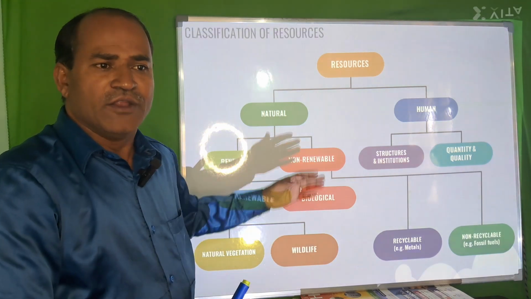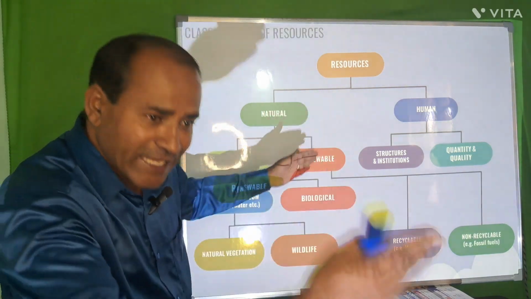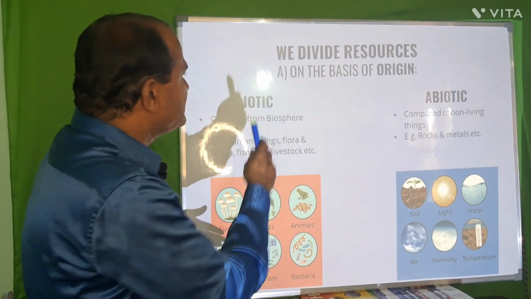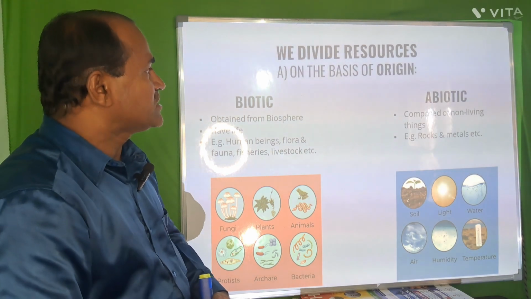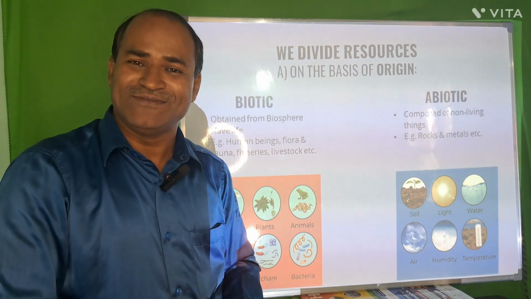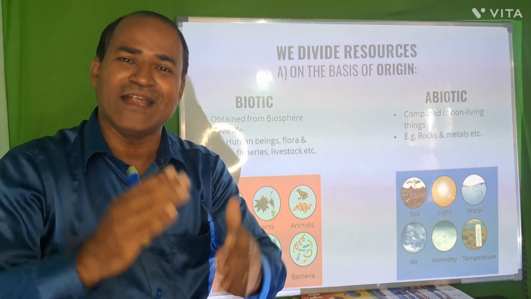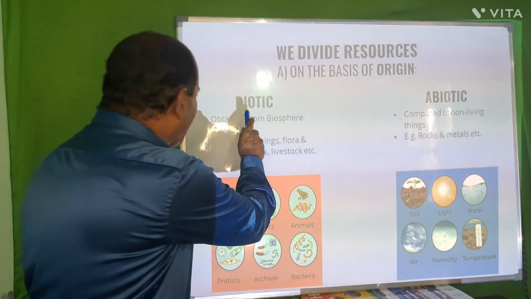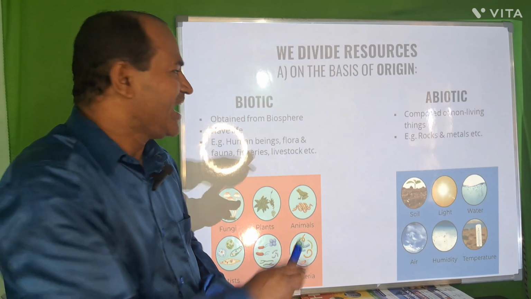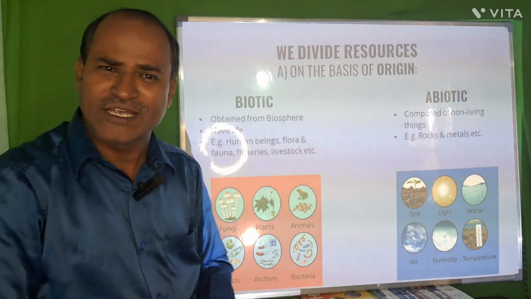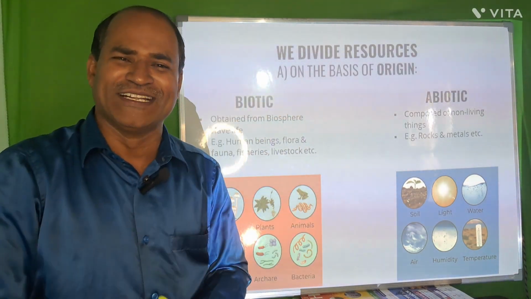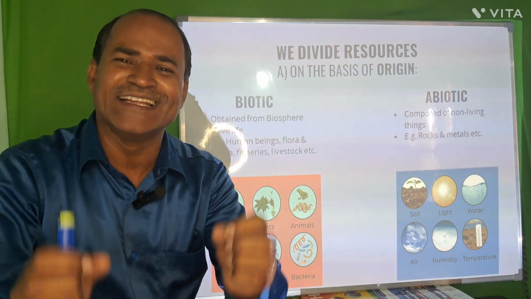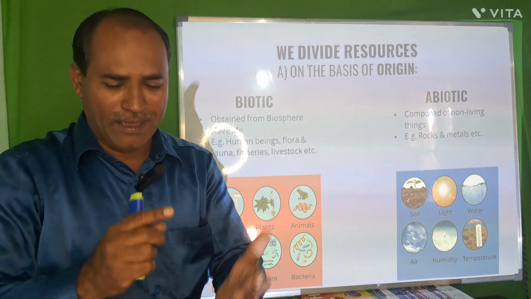Okay, students, now let us move to the next content, that is resources on the basis of origin. We have two kinds of resources on the basis of origin: biotic resources and abiotic resources. Children, it is very simple to understand. Biotic means living things.